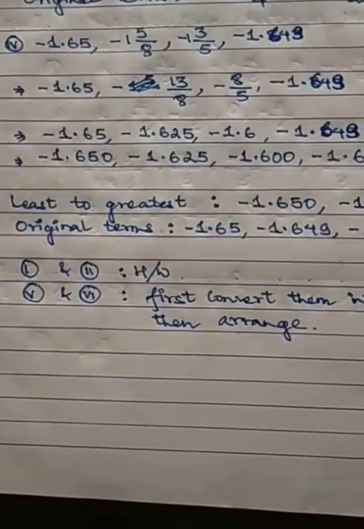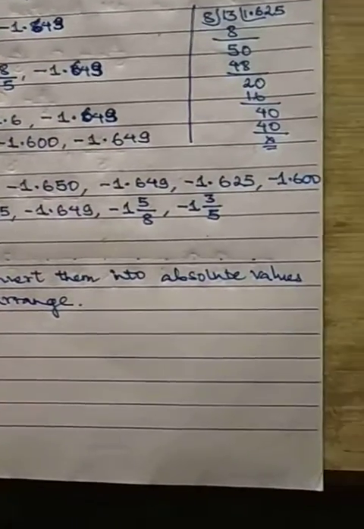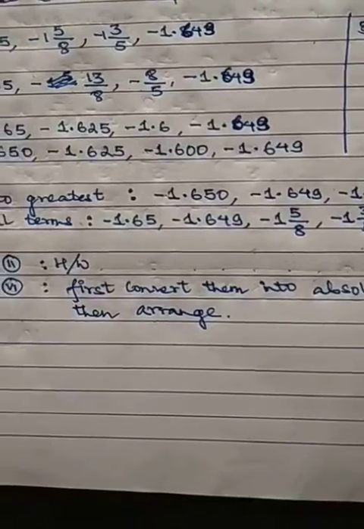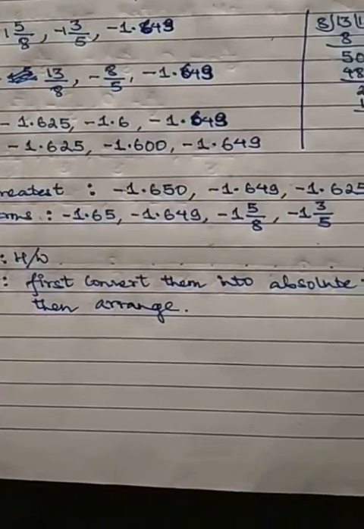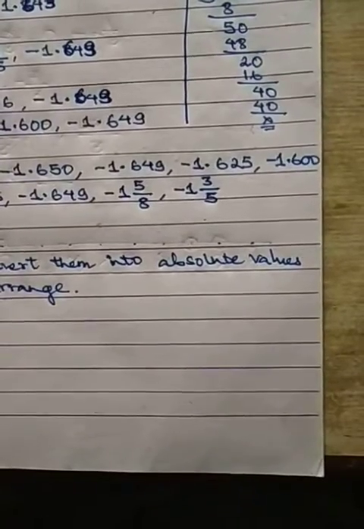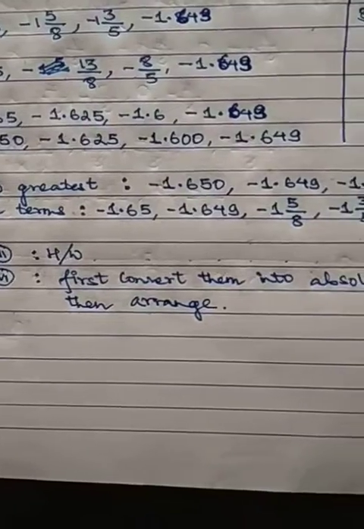The hint for 5 and 6 will be, first convert them into absolute values. Whatever the values given out there, they are given in the modulus form within the brackets. That is, first of all you need to convert those terms into their absolute values and then arrange the terms.